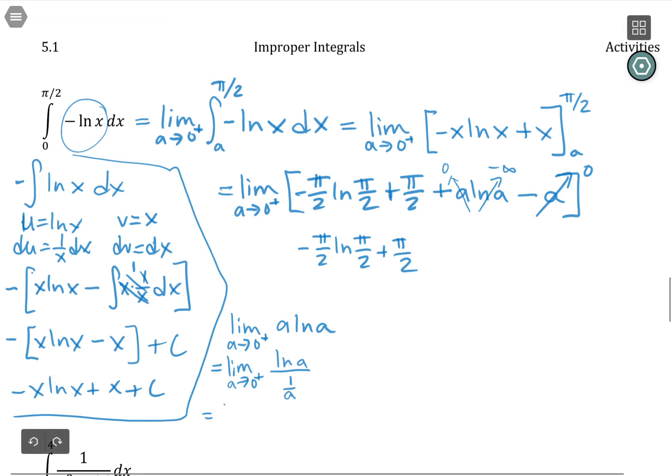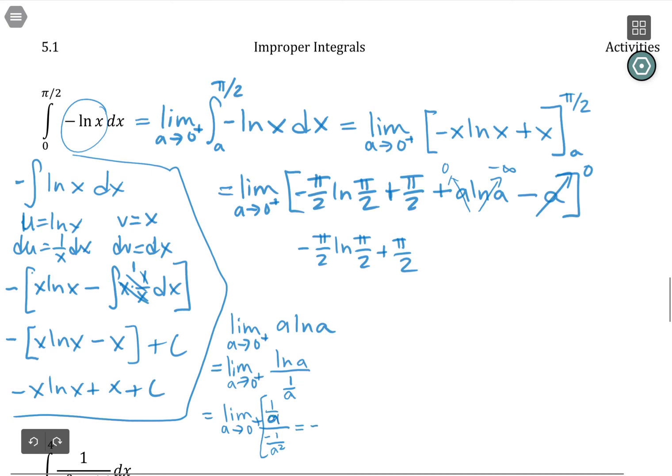And the derivative of the top is 1 over a. The derivative of the bottom is negative 1 over a squared, which simplifies. I'm going to use a tiny bit of cheater notation. I'm going to bracket this off to simplify. I can't even read my own thing. I think that's just an a. Yes.